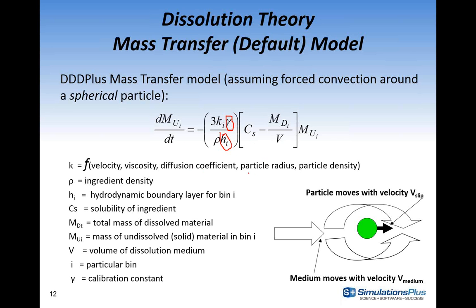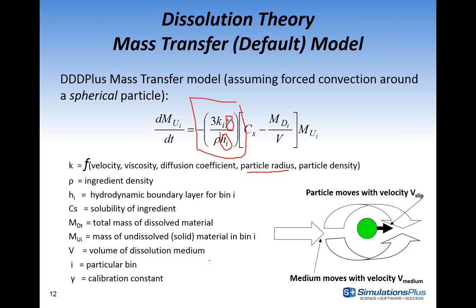Jim is showing here in the equation the mass transfer model. You can see the gamma term, the calibration constant. For those of you who have experience with the Z-factor approach, you know that you're fitting that entire first term as the Z-factor.